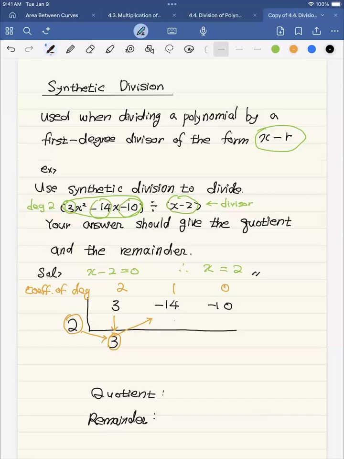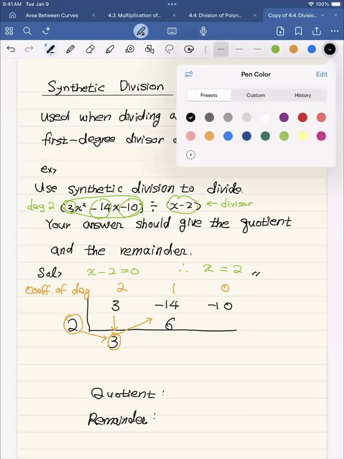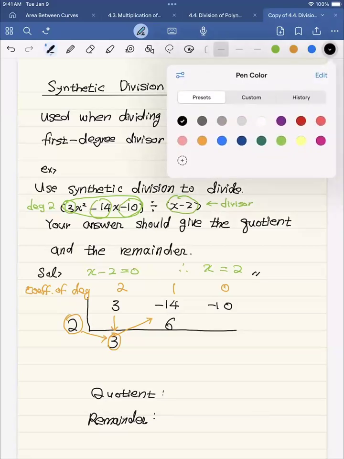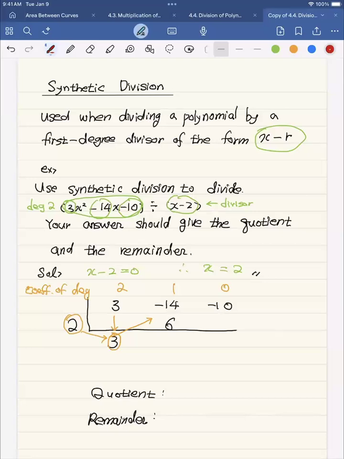That is 6. What's important here is instead of subtracting from the first line to the second line, we add. If we add both, then we will have negative 8.